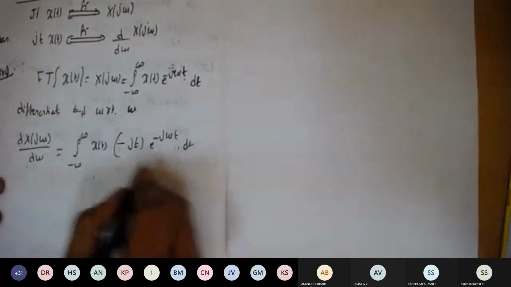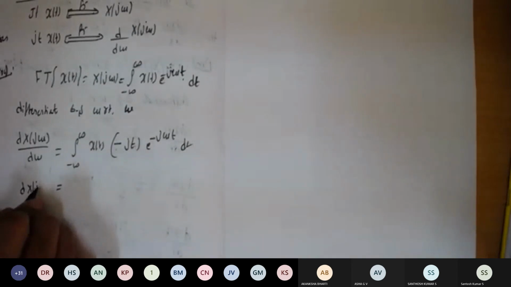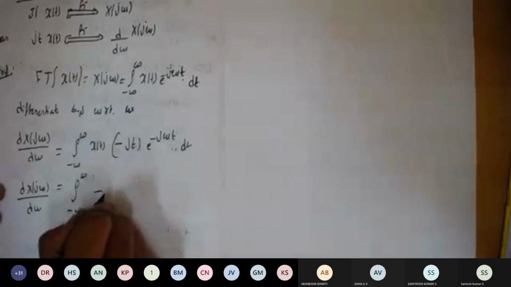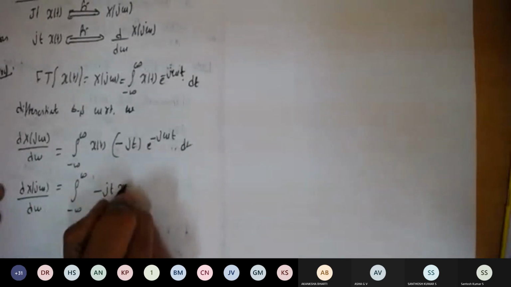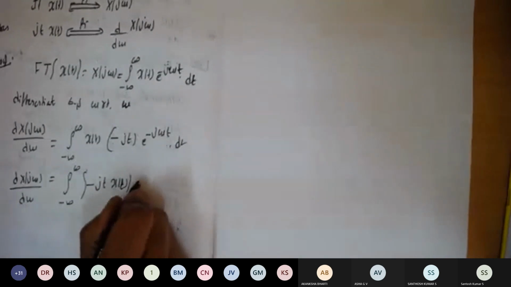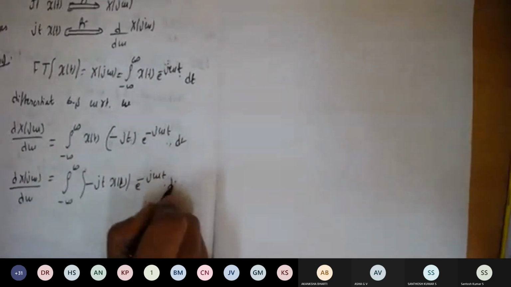Now I can rewrite this as dX of j omega divided by d omega, which we can write as the integral from minus infinity to plus infinity of minus j t into x of t, grouped together, into e to the power of minus j omega t into dt.